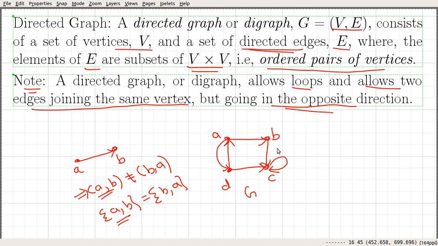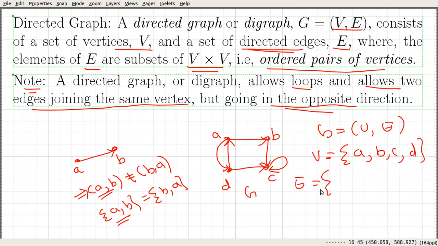Okay, so let me formally define this graph. So here the V set contains those four vertices A, B, C, D, and the edge set contains all those ordered pairs. Okay, so let's consider this edge. It is directed from A to B. So here we have this ordered pair (A, B).